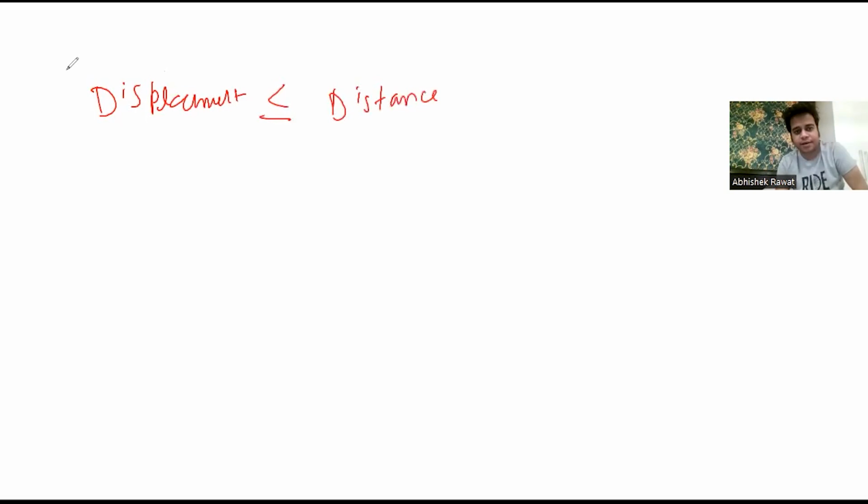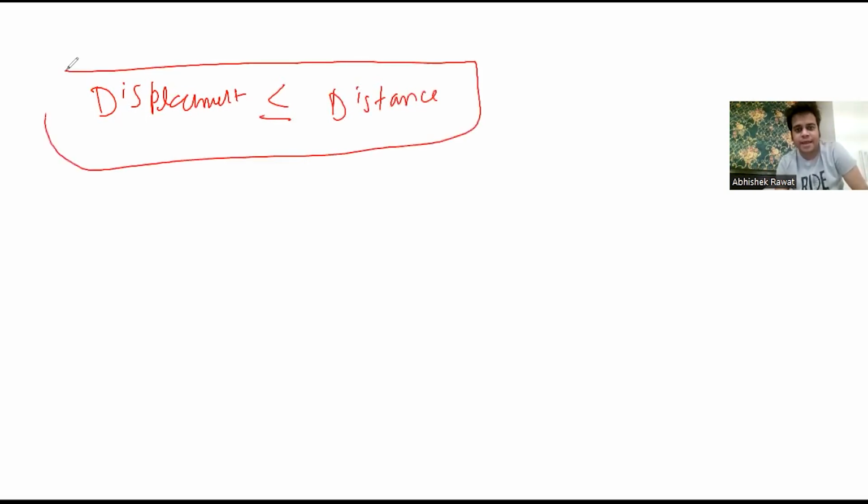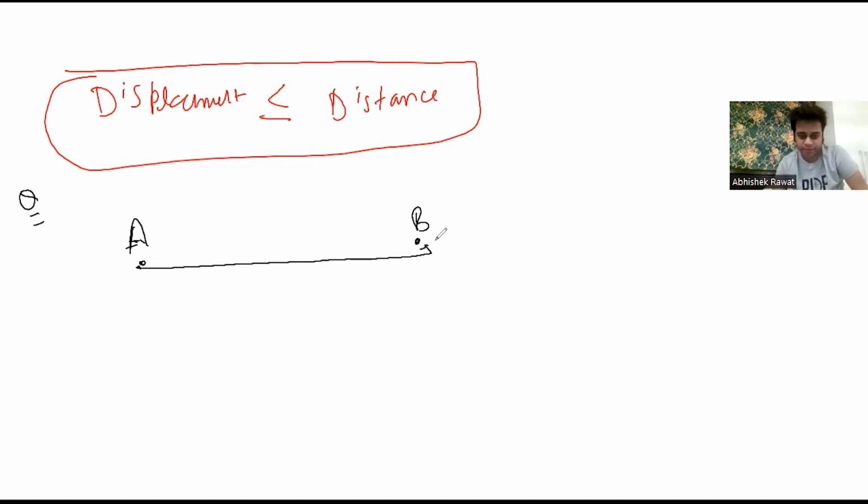If I take an example where I travel from A to B along a straight line, the initial position is A and the final position is B. Displacement is majorly concerned with the final position and initial position.